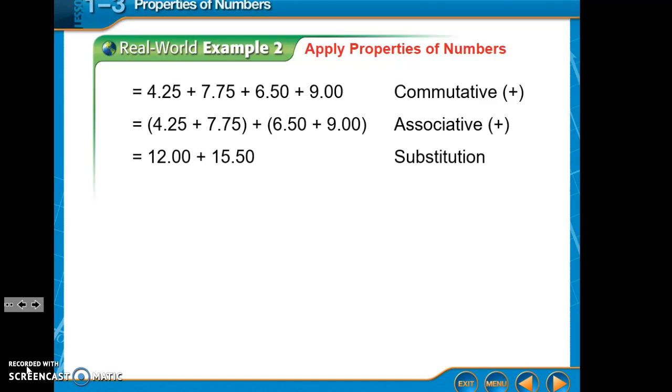Now they're grouping to simplify, because 4.25 plus 7.25 equals 12 because the fractions add up to make a whole. And then the 6.5 and 9 add up to 15.5. And so they get 27.5. So she rode that many miles.